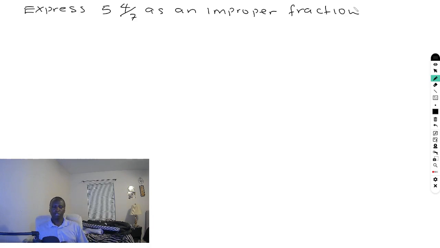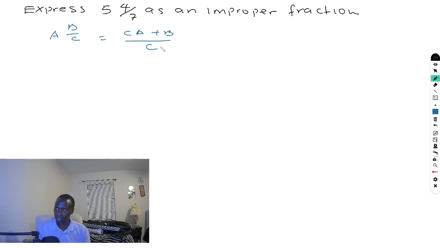Again, let me change the color, let's go with blue. Using the formula a b over c, as we say, c times a plus b, over c.